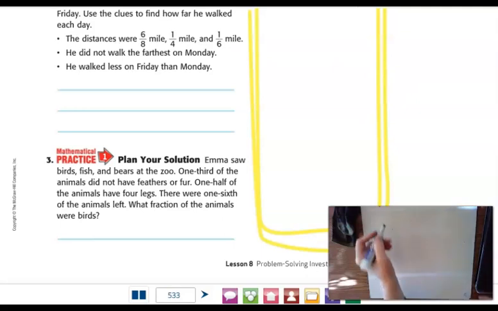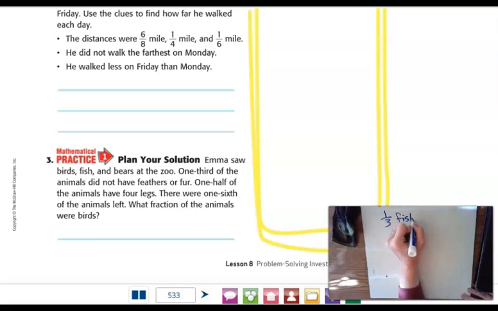Okay, so 1/3 of the animals did not have feathers or fur. If it didn't have feathers or fur, that leaves the fish. Make sense? Okay, 1/2 of the animals had 4 legs, and the only one that has 4 legs is the bears.